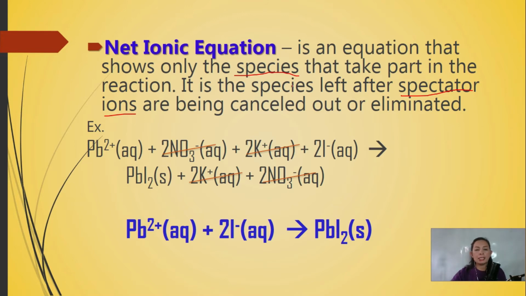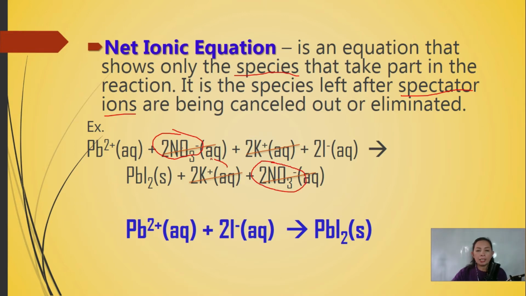As we can see, based on the ionic equation a while ago, there are ions that are ionized both on the reactant side and on the product side, just like the nitrate ion we have here and the other one. So we have to cancel this out.